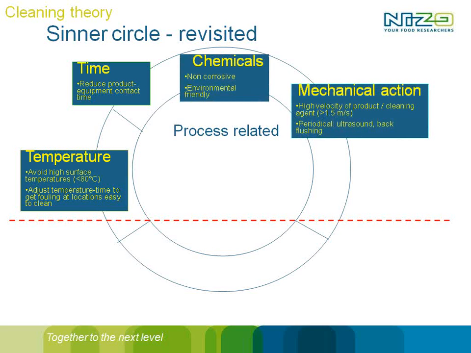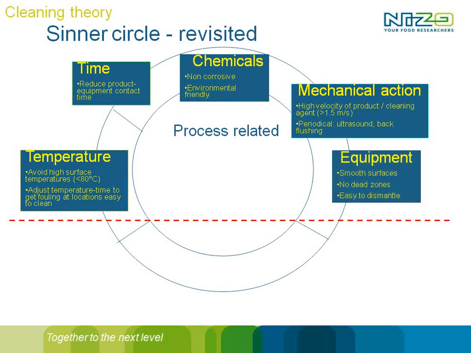Time: reduce product-equipment contact, so keep it as short as possible. Looking at chemicals, it's very important, as I mentioned, to choose the right chemical and not too high concentrations. Beware also that if you apply chlorine, for example, it can be corrosive to your stainless steel. So if you apply it, be sure that you rinse it away properly.